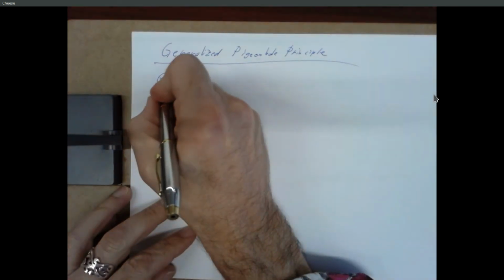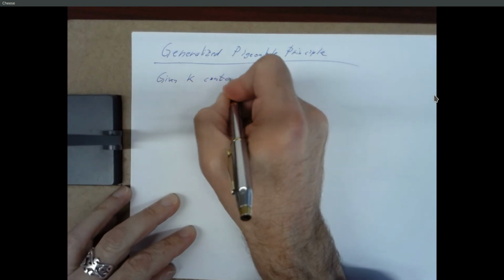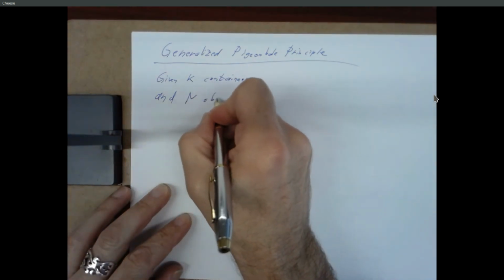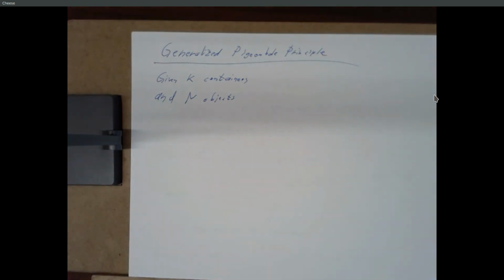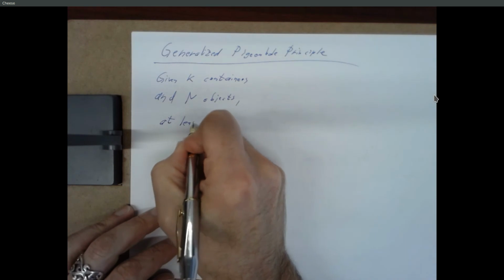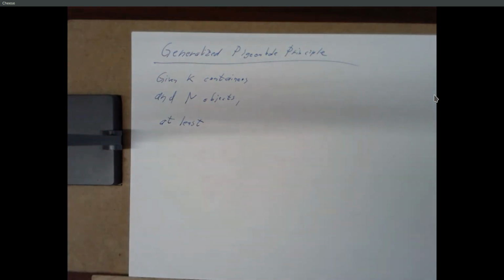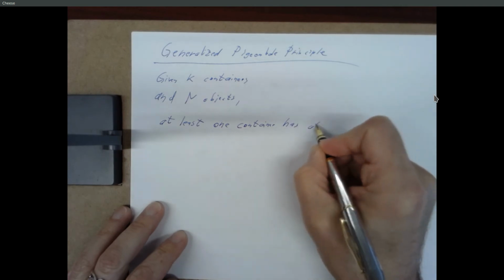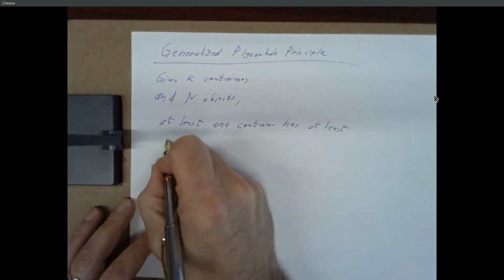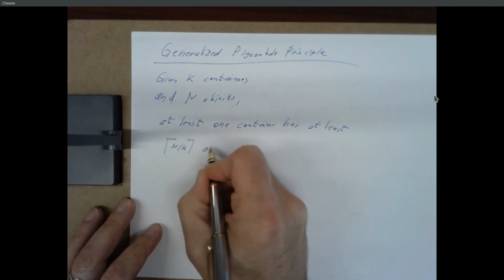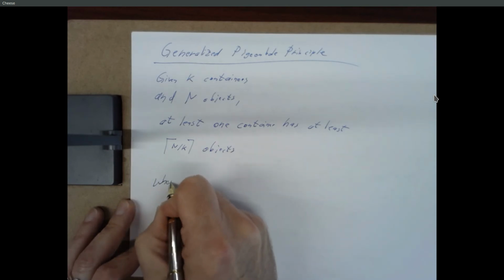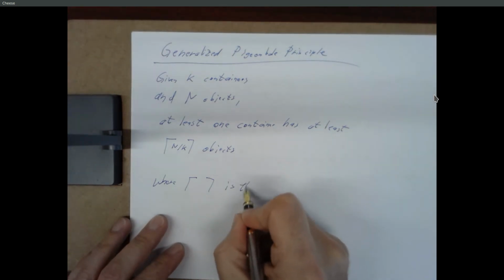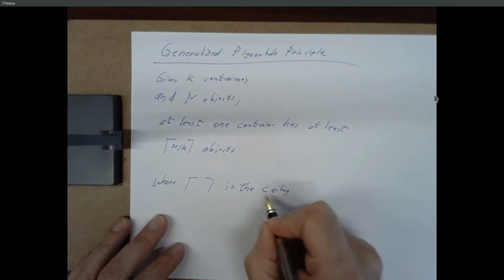The generalized one is, given k containers and n objects, and you place objects into containers, at least one container has at least ceiling of n over k objects, where this funny symbol, these brackets without the bottoms on them, is the ceiling operator.